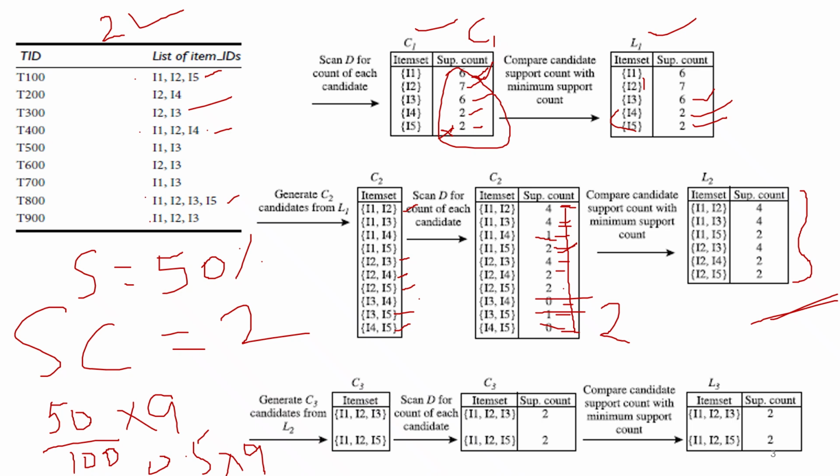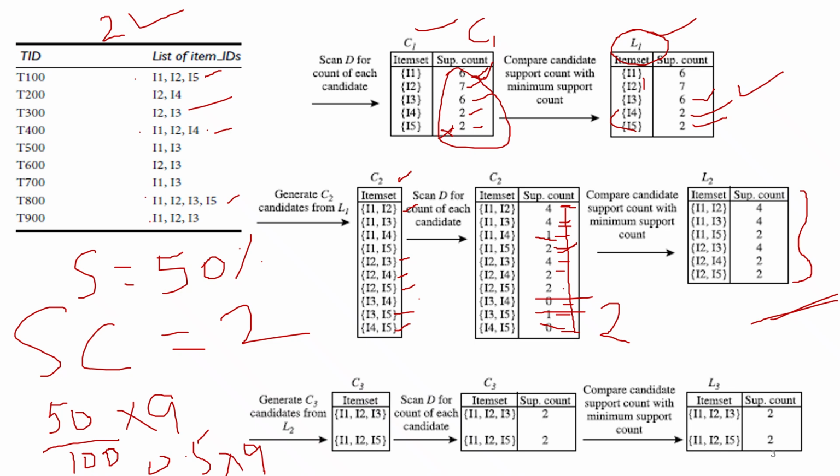The support count is compared with the minimum threshold, and those that satisfy it are generated as L1. Then C2 is generated from L1 as the combinations of two items, with all the combinations of each item made.